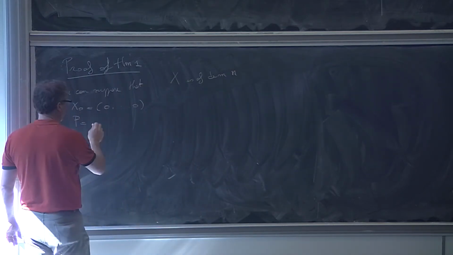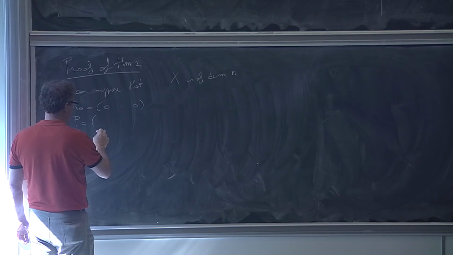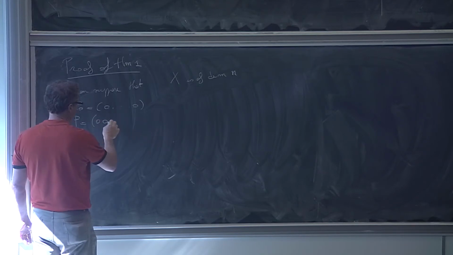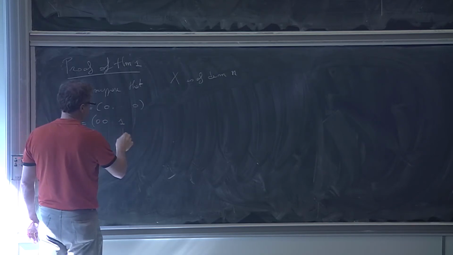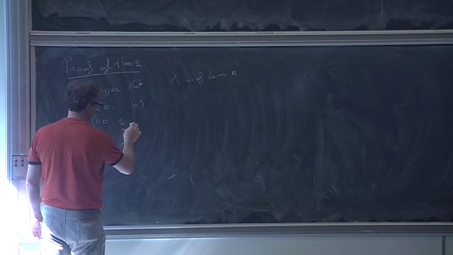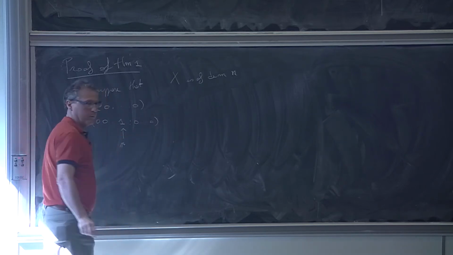P is the point 0, 0, 1 at the position n, 0.